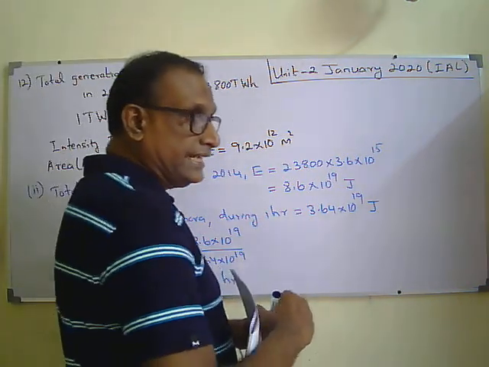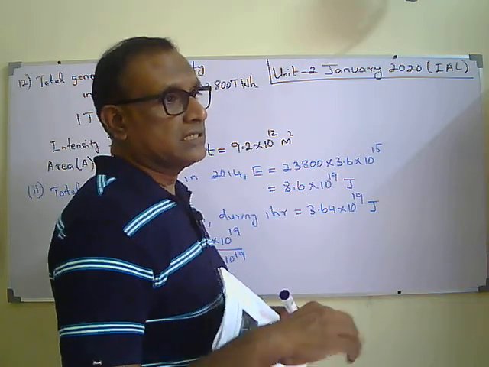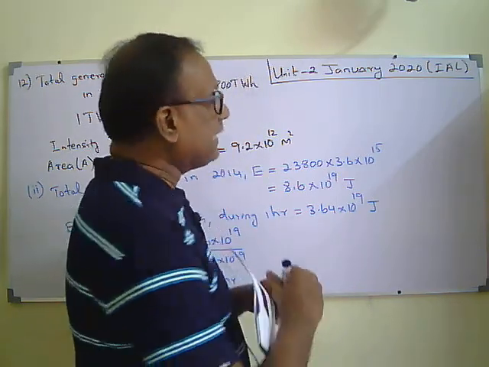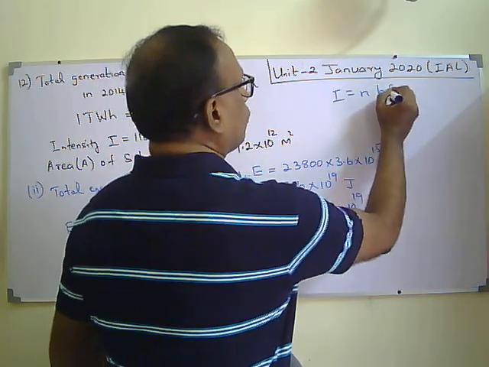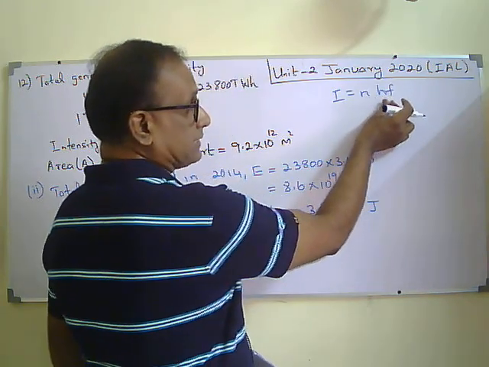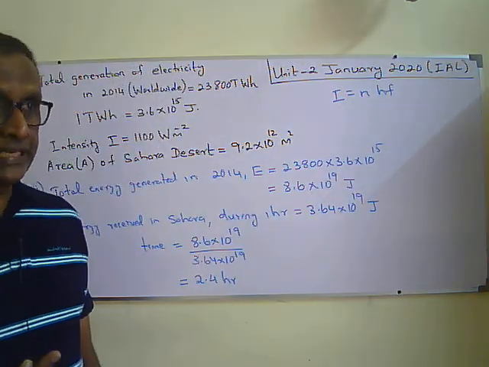So we know that if the intensity of the solar radiation falling on the panels decreases, the intensity is given by I equals n times hf, where hf is the energy of a photon, and n is the number of photons passing through unit area per second.